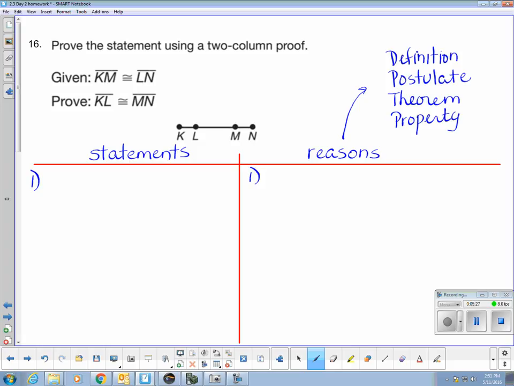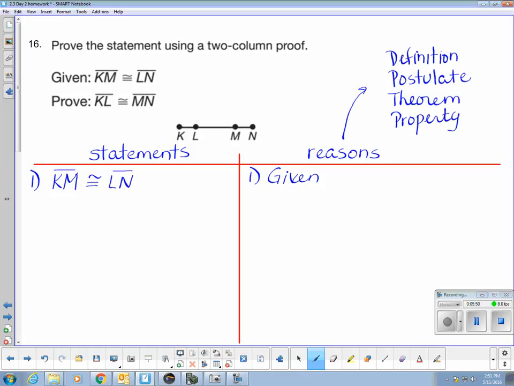So statement number 1 is that segment KM is congruent to segment LN. Now, because I'm going to be writing some statements of equality, I'm going to change from using a congruent sign to an equal sign.